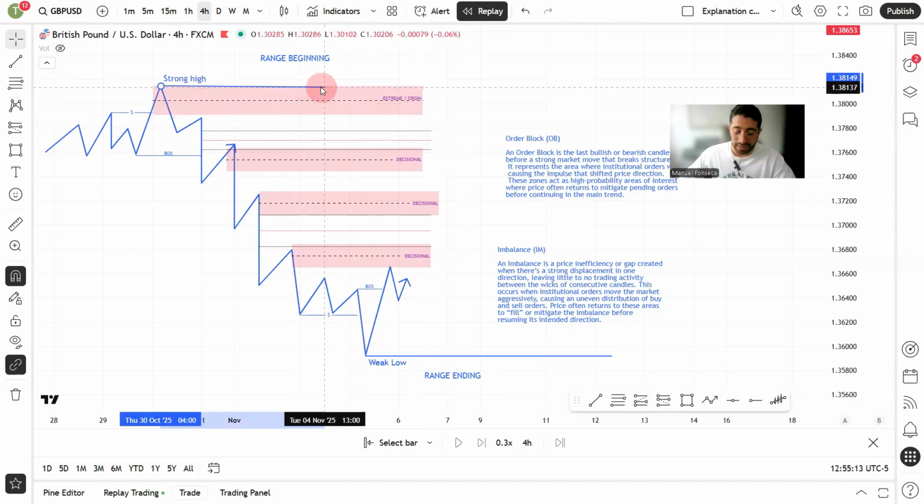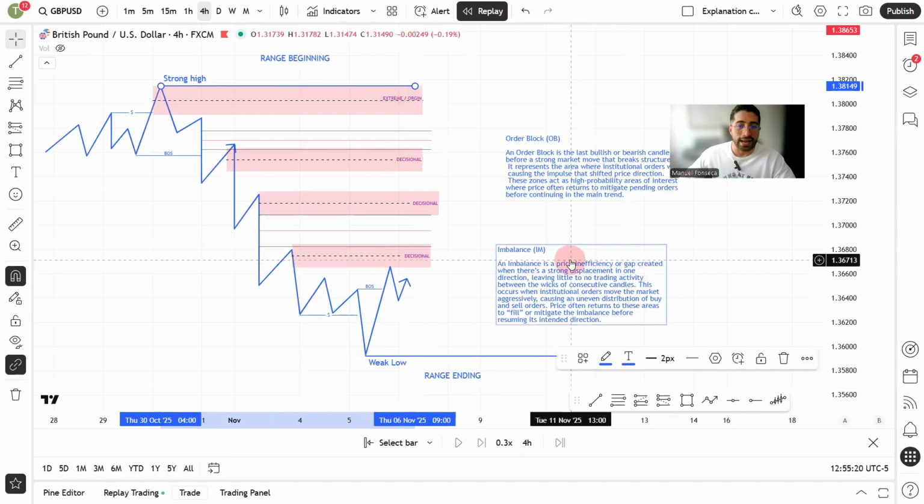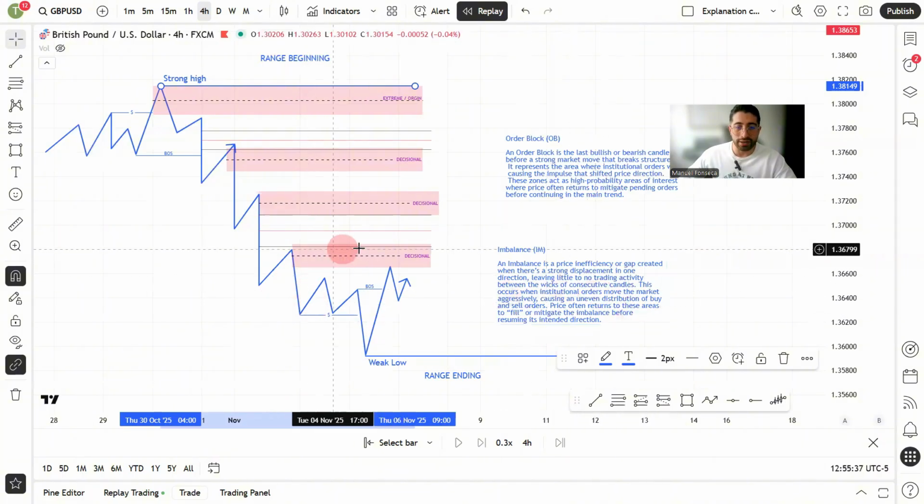It happened to me many times, and then I realized that prices were reacting not in an order block but in an imbalance, which has practically the same function. That is, the price will fill or mitigate the imbalance. So imbalances and order blocks are areas where the price will enter and keep pushing down.